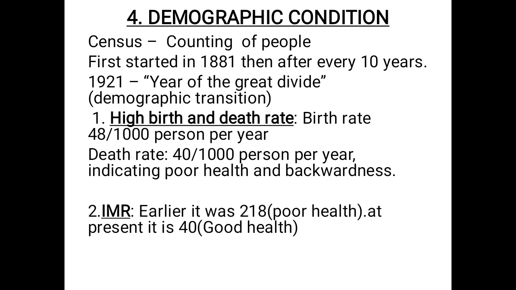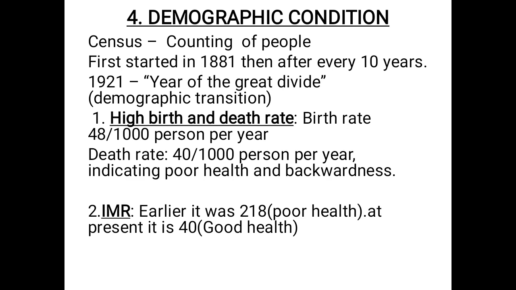1921 had a great history in the census. This year was known as the Year of the Great Divide. It was also called the demographic transition year because after 1921 there was a continuous rise in the Indian population.